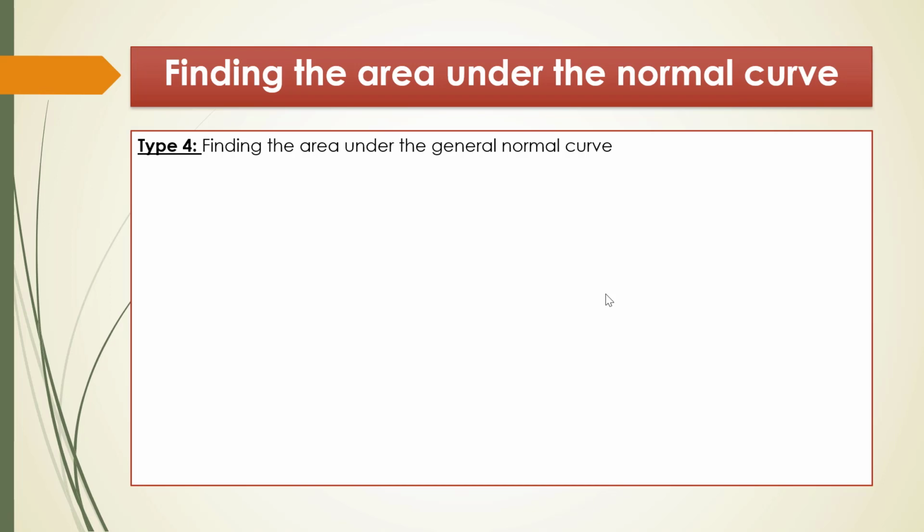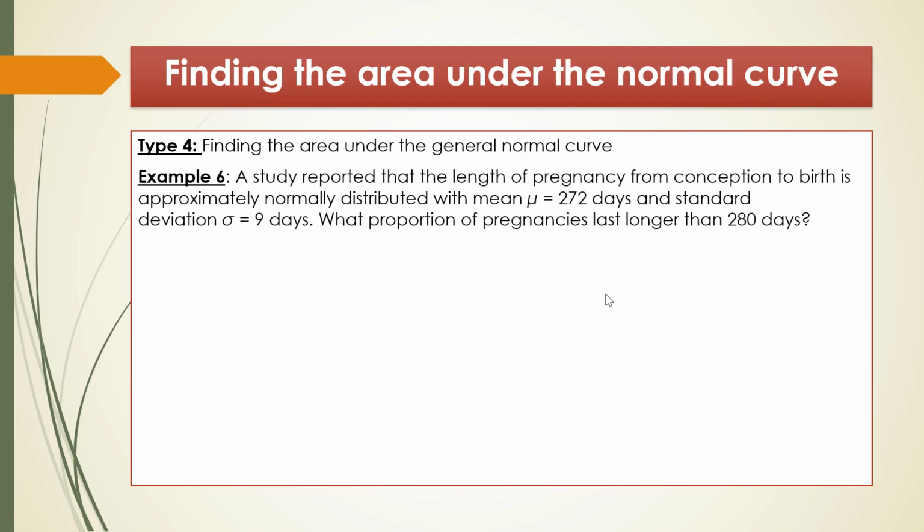To find the area either to the left, to the right, or between some x values, we have to use standardization to convert the general normal curve to the standard normal curve, because the A2 table, the z-score table, applies only to the z distribution, the standard normal distribution.